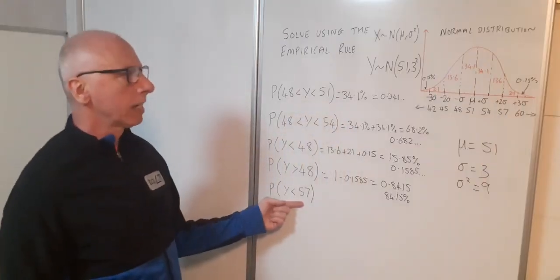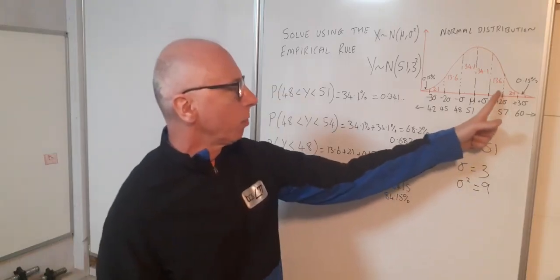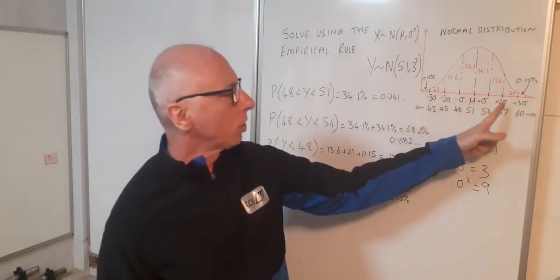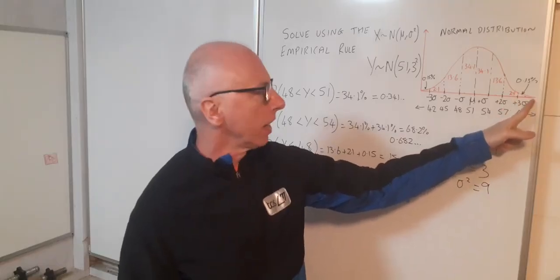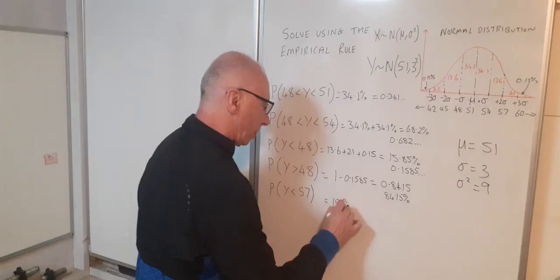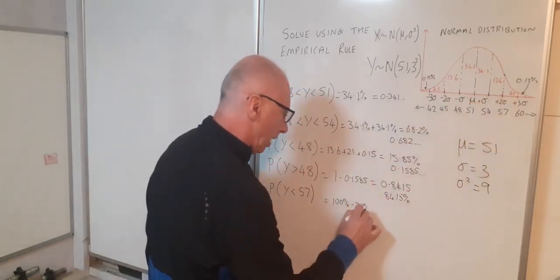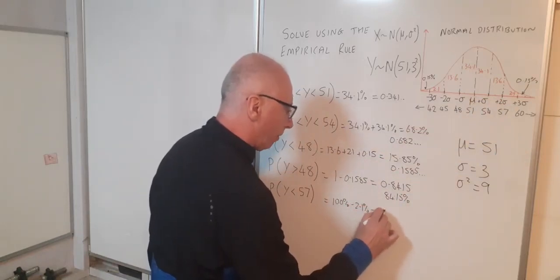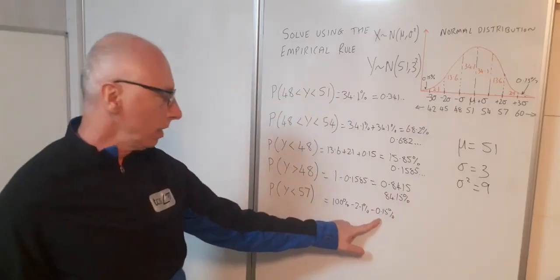Then the last one, Y is less than 57. For less than 57, we could add all these up, or we could again do 1 minus the extreme bit there. Because we've now written percentages on this side, I would do 100% minus 2.1% and minus 0.15%, so that's minus 2.25%.